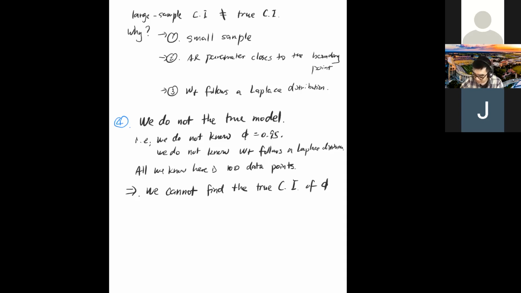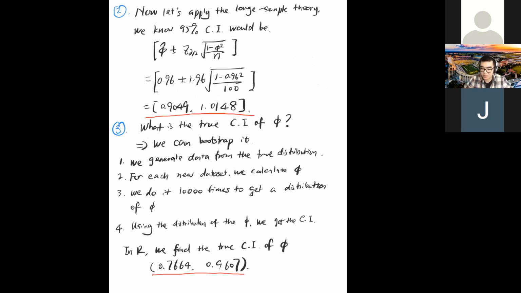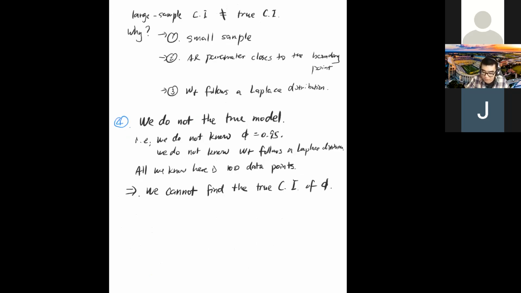All this step number 3 does is that it relies on the knowledge that we know what is the true parameter of phi. Okay. So we need to know that phi equals 0.95. We need to know that this WT follows a Laplace distribution. Then we can do this bootstrap to find the true confidence interval of phi. Those all rely on knowledge of the true phi, the true distribution of the error term, and our true model. But the problem is that we actually have no knowledge about it.